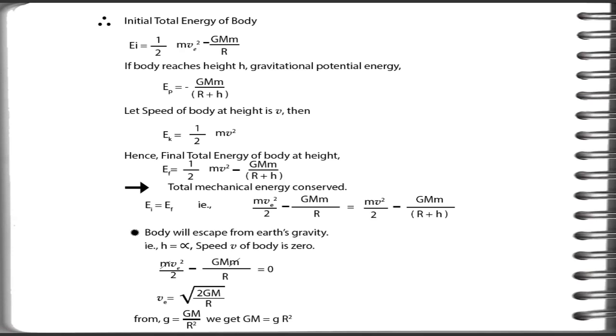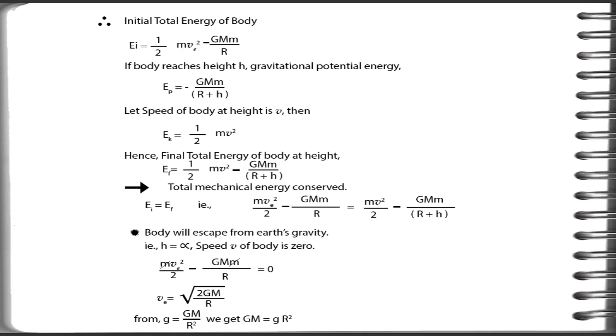Next, total mechanical energy is conserved, Ei equal to Ef, that is m ve square by 2 minus GMm by r equal to m v square by 2 minus GMm by r plus h. For the body to escape from Earth's gravity, h is infinity and the speed v of the body is 0, so m ve square by 2 minus GMm by r equal to 0.